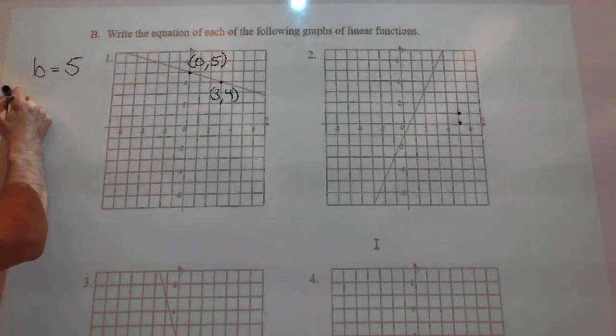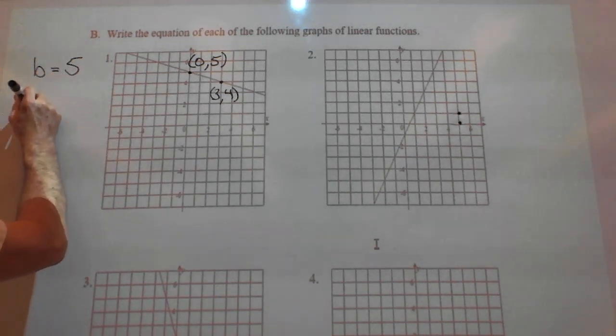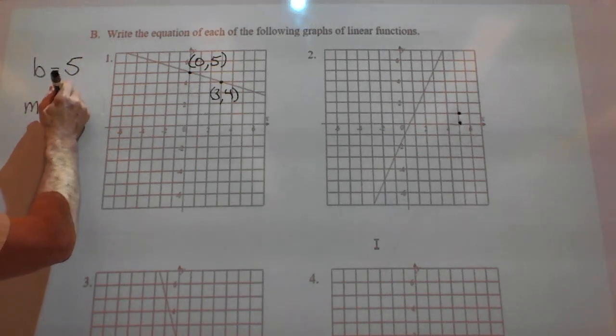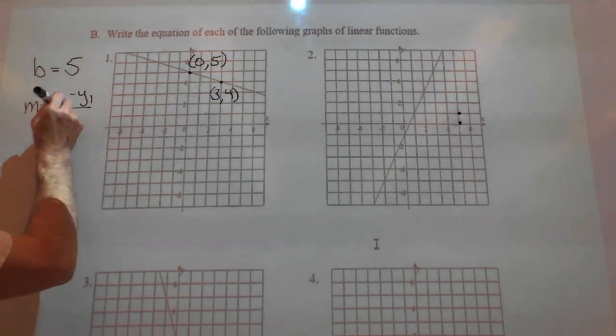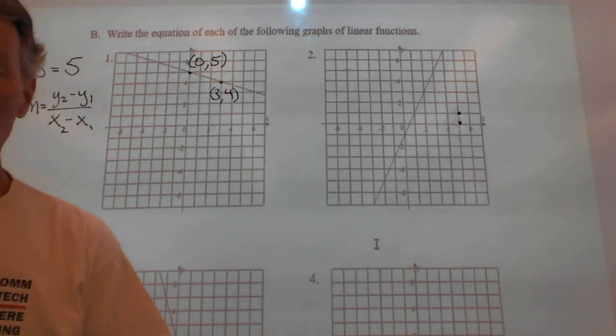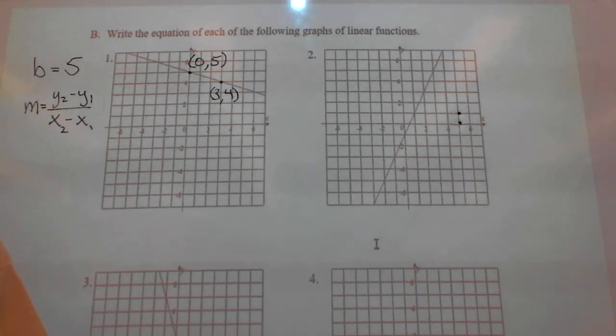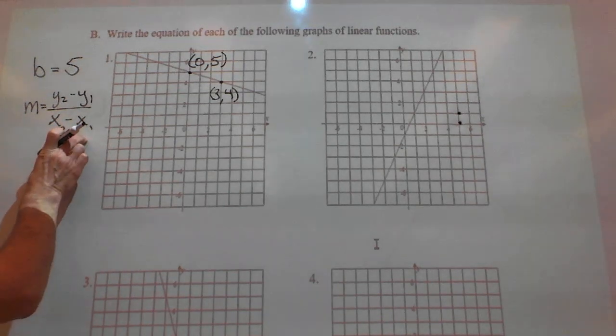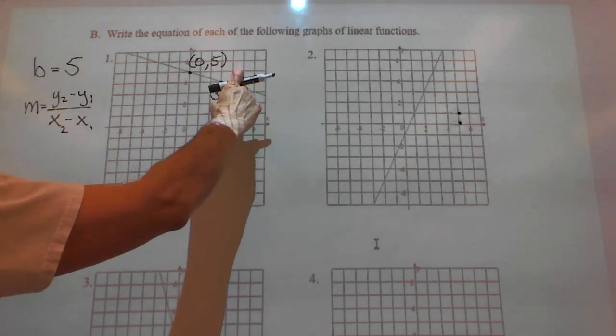Remember, the slope formula is y2 minus y1 over x2 minus x1. Remember we looked at that yesterday. Well, it was yesterday for me. We looked at that when we looked at the slope formula. Okay, so plug in the numbers. Here are our y values.